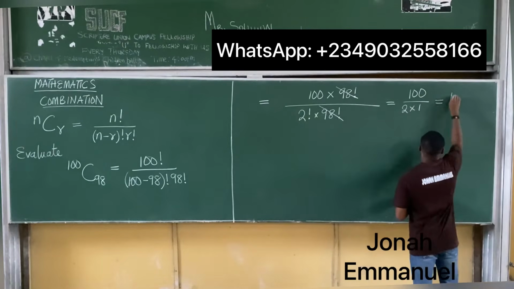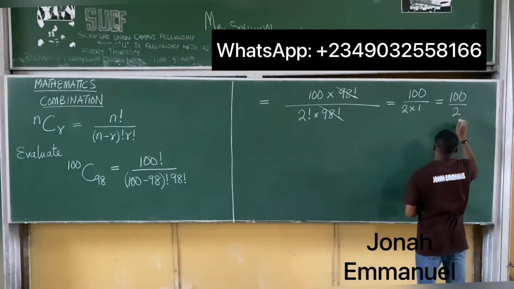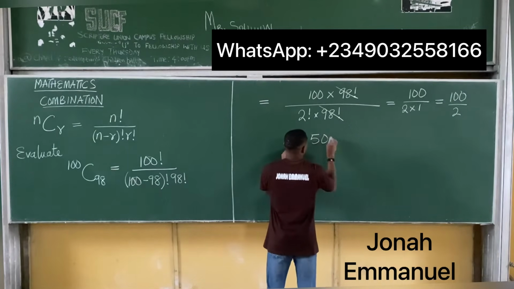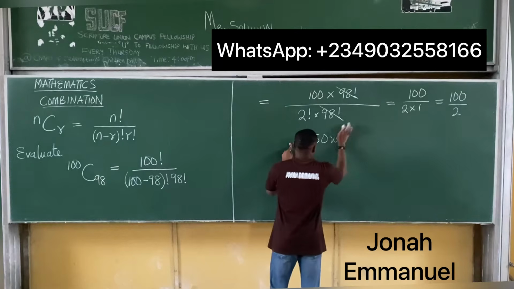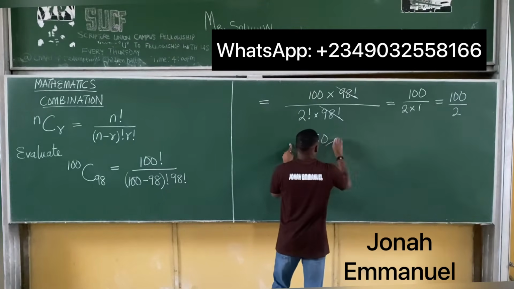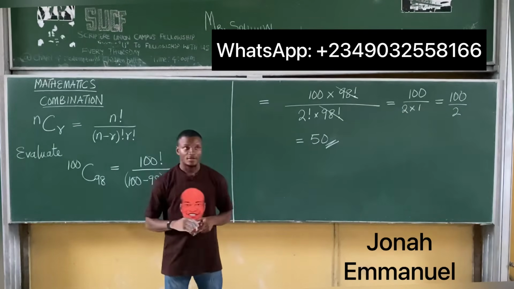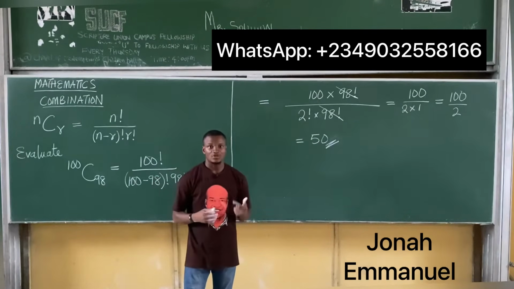So that's equal to 100 all over 2. And therefore, our answer is equal to 50. So therefore, 100 combination 98 is equal to 50. So this is how we solve problems on combination.